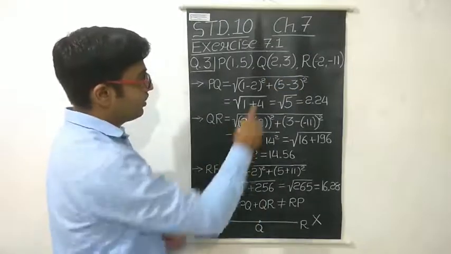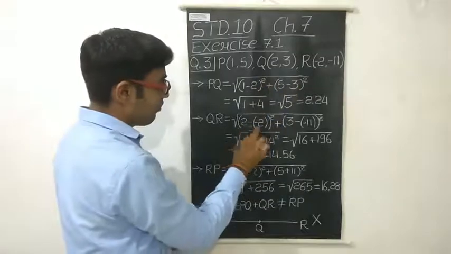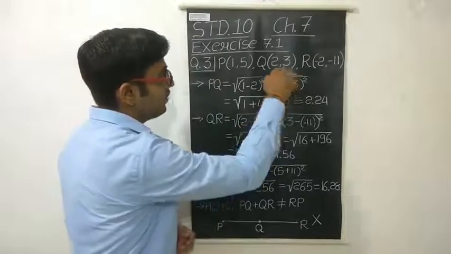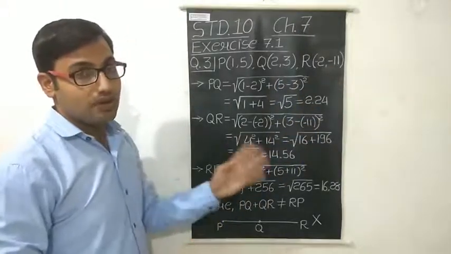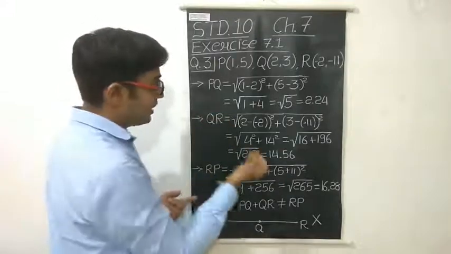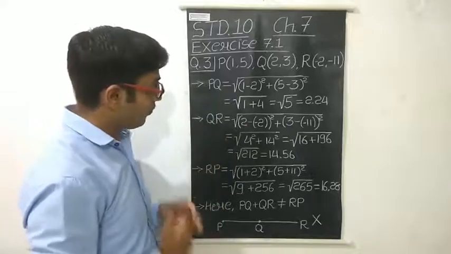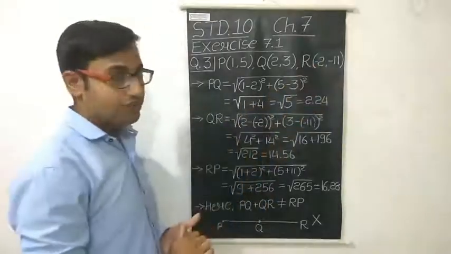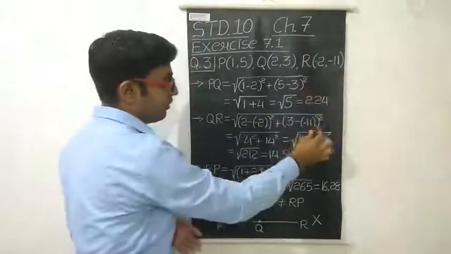QR is equal to what? Q and R: (2 minus of minus 2) whole square plus (3 minus of minus 11) whole square. Do not get confused here, because one minus sign is already there in this formula, and one minus sign belongs to the coordinate. So minus 2 is the value of the coordinate, minus 11 is the value of the coordinate.